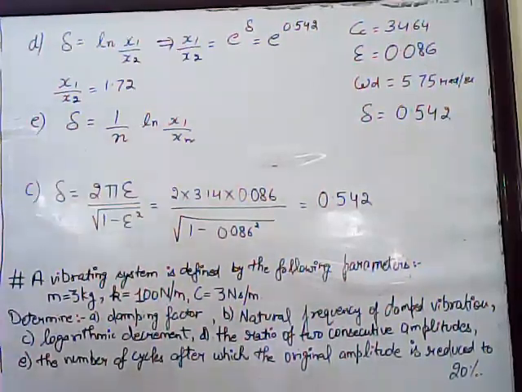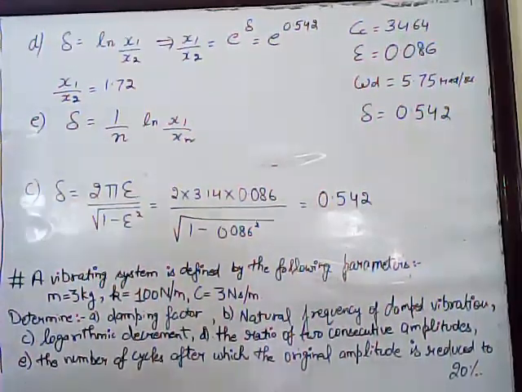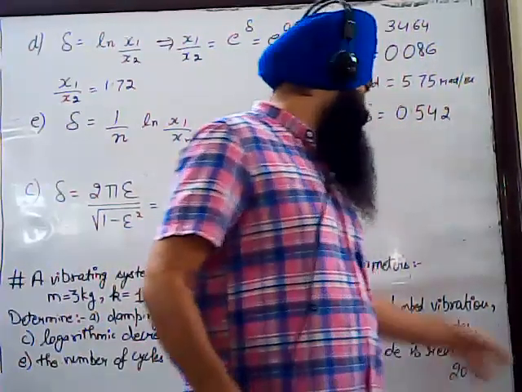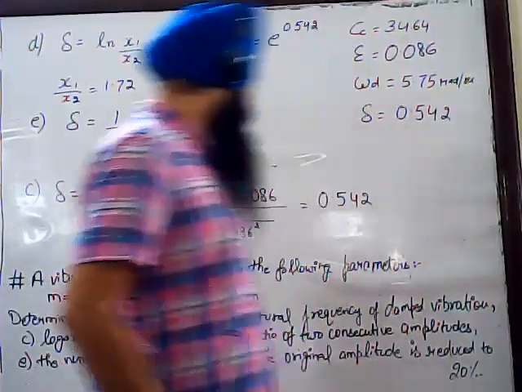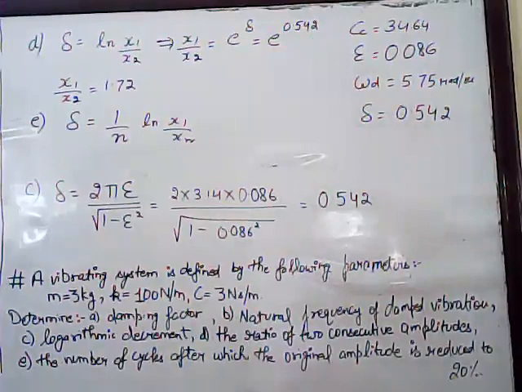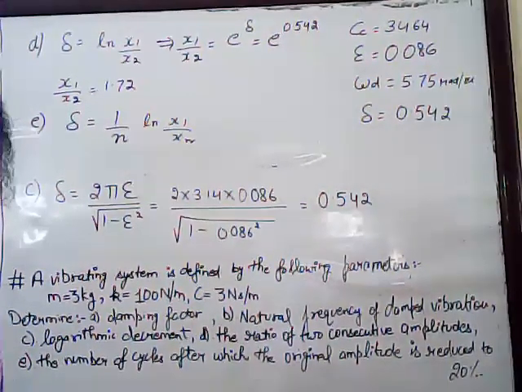We have to calculate the number of cycles after which the original amplitude is reduced to 20%.